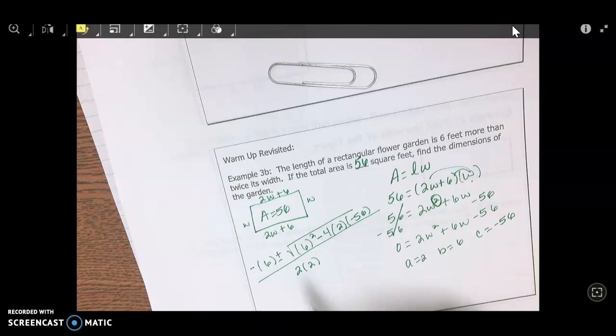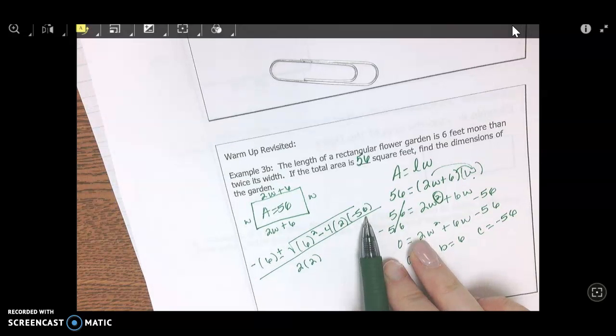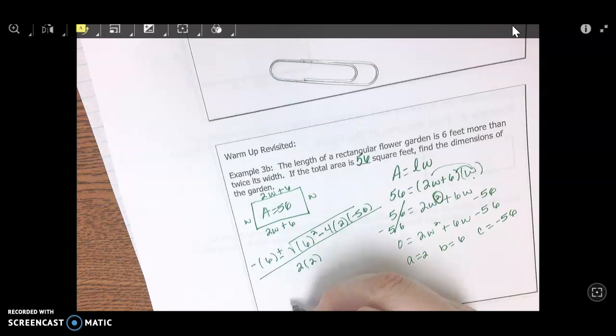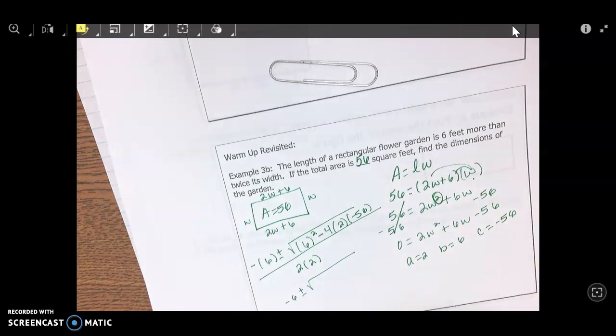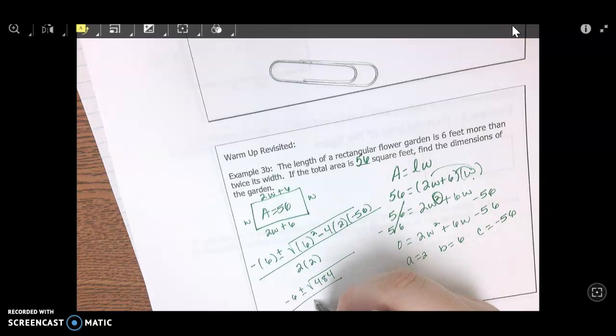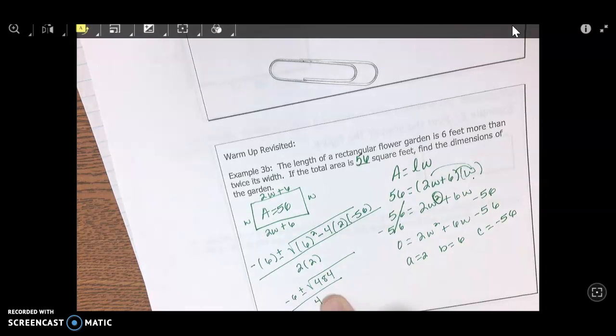If you plug in 6 squared minus 4 times 2 times negative 56, what do you get? The square root of what? 484. Is that a perfect square? Right. The square root of 484 is 22.